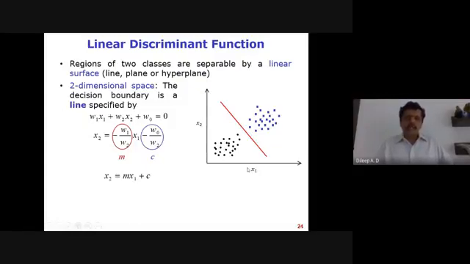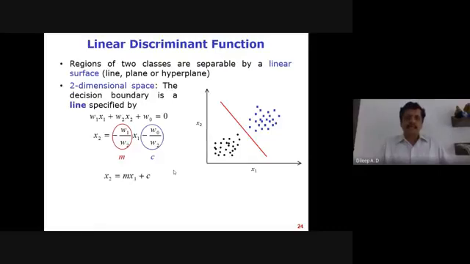Similarly, in three-dimensional space, this linear equation will have a w3 into x3 term. That gives you the characteristic equation of a plane.